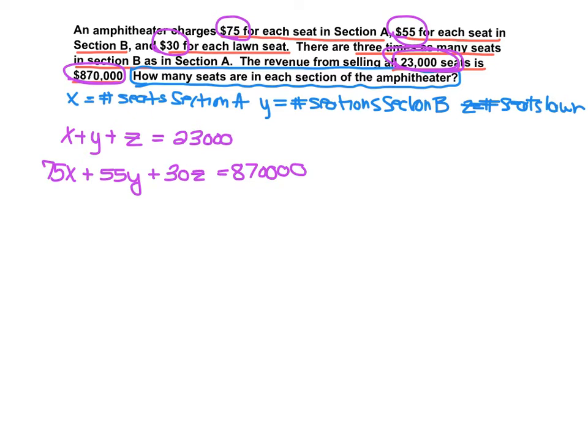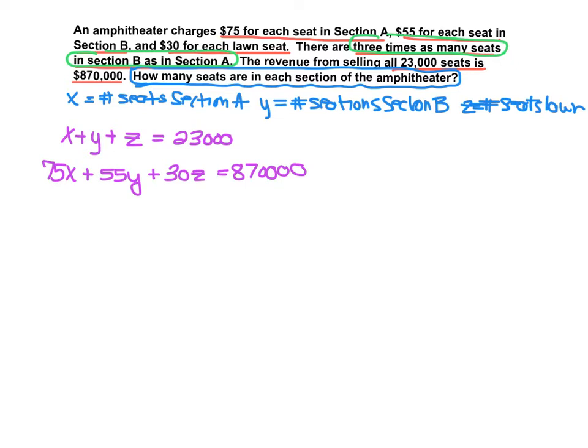Now, the third equation is hidden in this middle sentence. I'm going to erase some of these extra purples I made here, and focus on this detail right here. It says there are 3 times as many seats in section B as in section A. That's a key detail, and I'm going to write that over here in green.